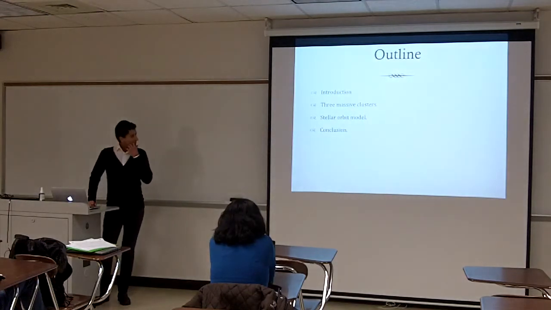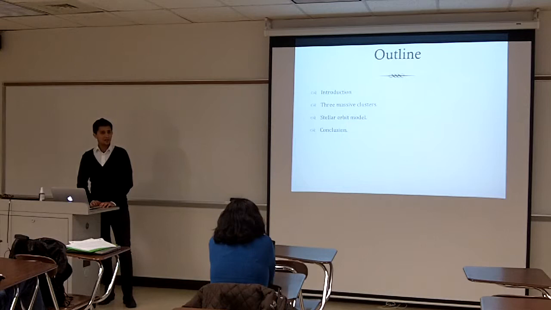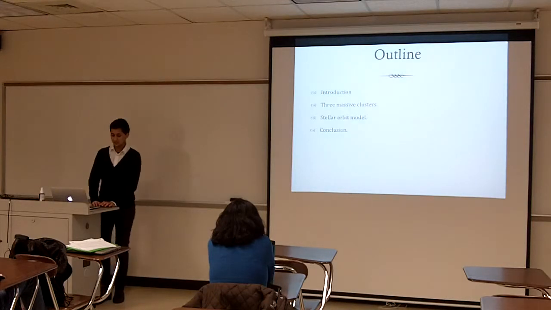In my presentation, I will talk about the two papers I've read, and I will give a brief summary of the introduction and what they found of the three massive clusters in the galactic center.